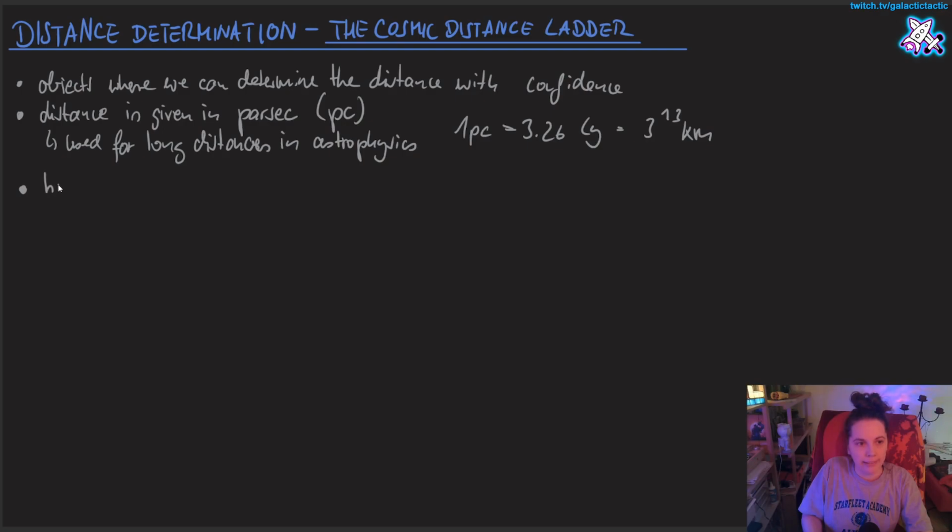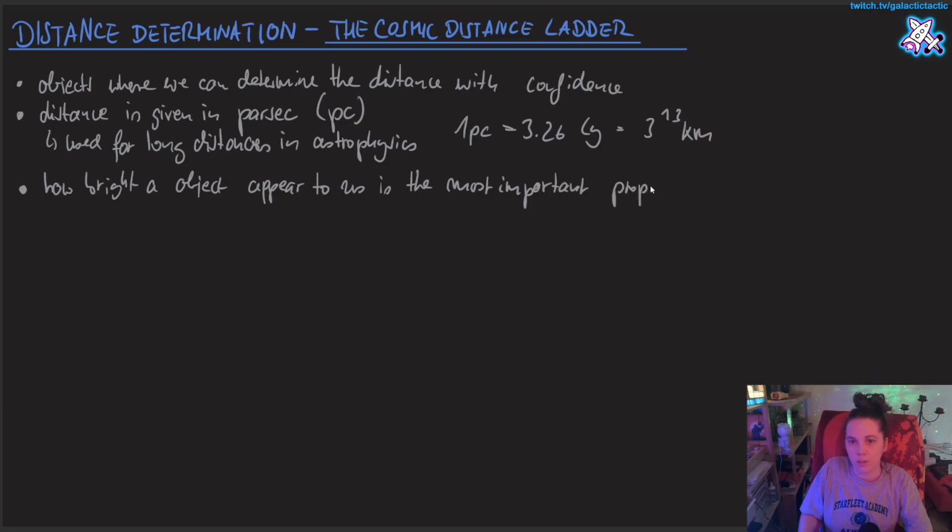So how bright an object appears to us is the most important property, because we're going to talk about magnitudes a bit, okay?